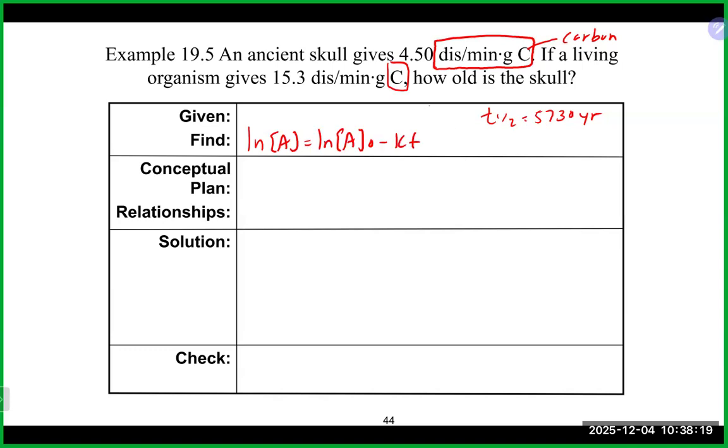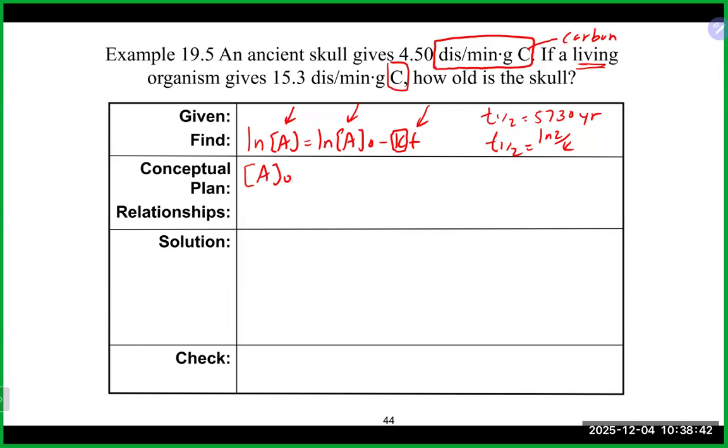In this case, we are looking for time, which is how old the thing is. We do have the initial and the final. Once again, we're missing our decay constant, so we will need to use the half-life to get it. Our initial is, frankly, living, right?